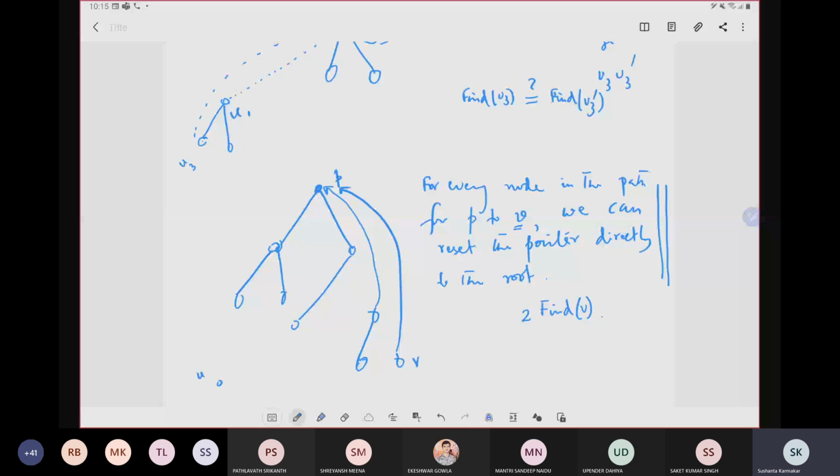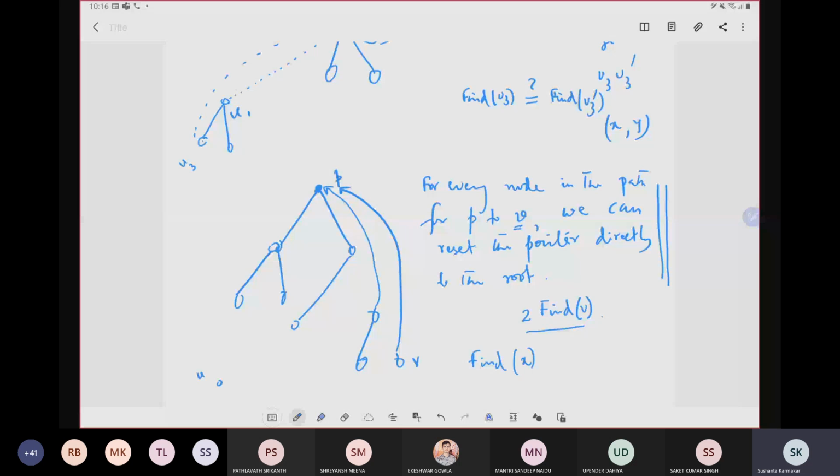But what good I get is, after this operation, if any further find x operation comes due to any edge like x comma y in the sorted list, then this x happens to be some node in this path, the P to V path.